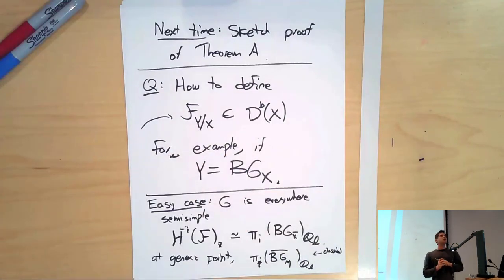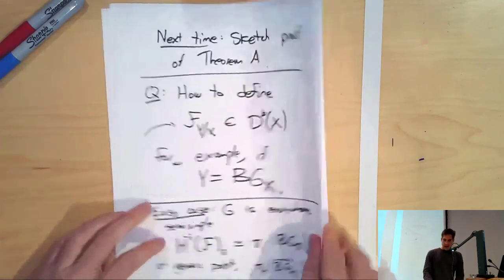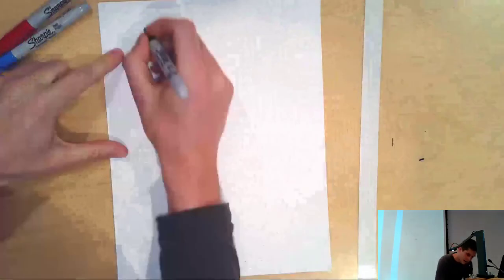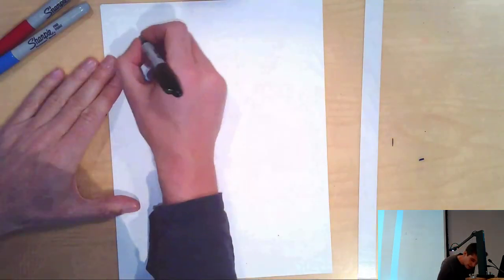And I'll just conclude with a few more remarks. So you see some Galois representation that you can define concretely. And the assumption that G has good reduction everywhere guarantees that this sheaf H minus I of F is actually lisse. It's something you should think of as a local system. That means that this Galois representation is unramified.